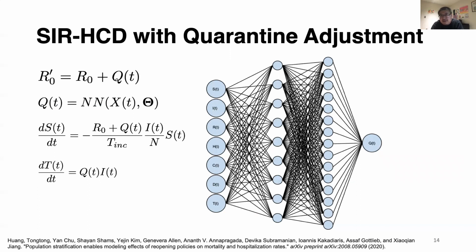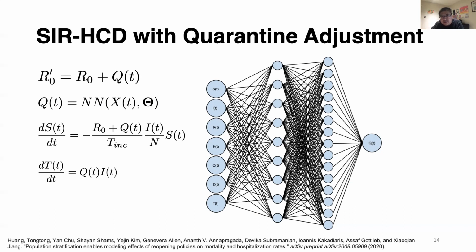The authors utilize the multi-layer perceptron architecture to estimate the hidden variable Q, which stands for quarantine, and augment the epidemiological estimation process. And the augmented model introduces a quarantine length, a strength term Q, and a quarantine population T.